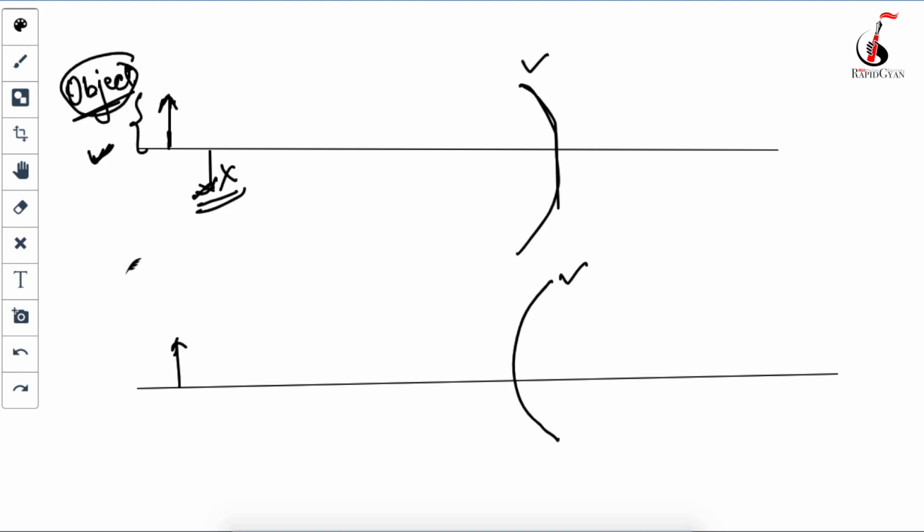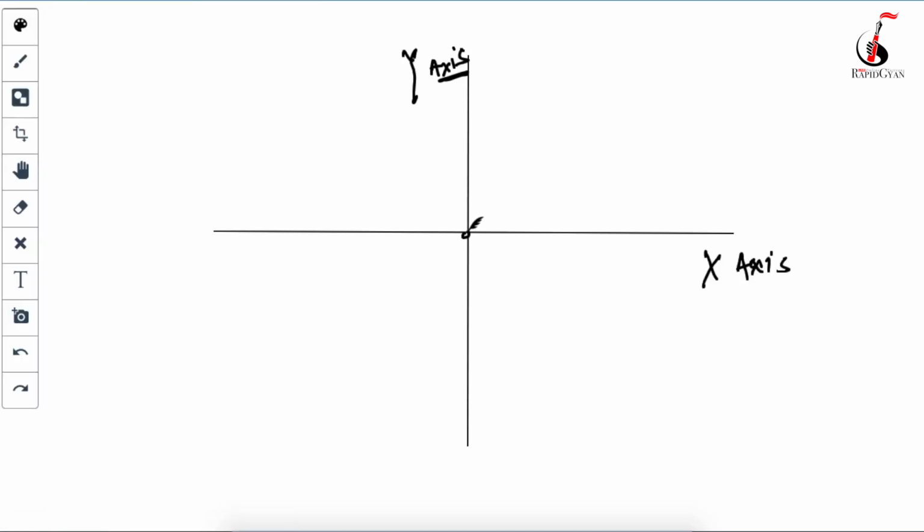Okay, guys. So now come here. This is your pole, correct, in this case. So just assume this is nothing but your graph paper. In the graph paper, I will consider this as your pole. And I am assuming that this will be your mirror, either concave or convex.